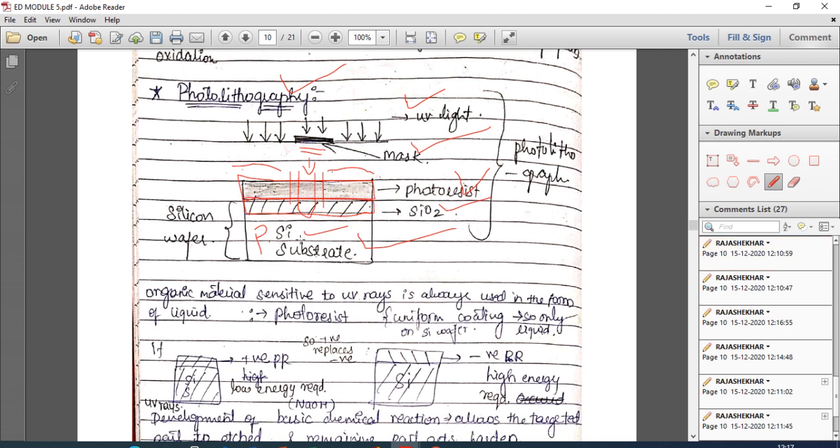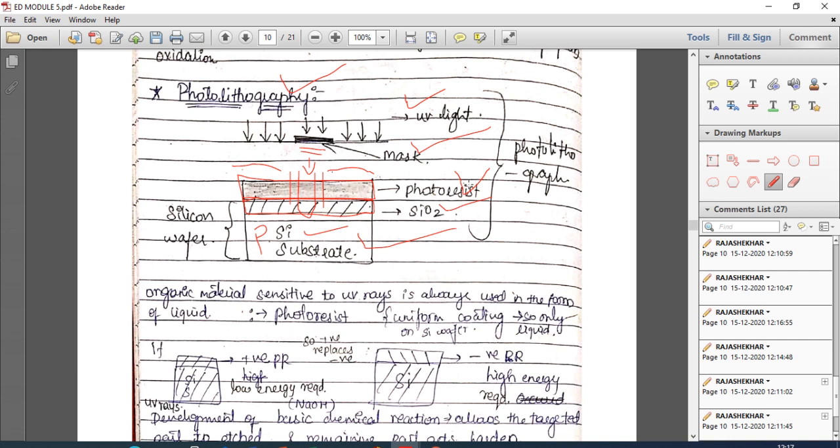That layer can be n-type or p-type, depending on the substrate which is used. So this is about photolithography, which uses a light, a mask and photoresist. The only intention is to make the particular part harden and the particular part soften, so that we can use this for the next process.